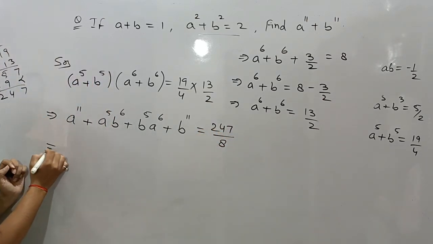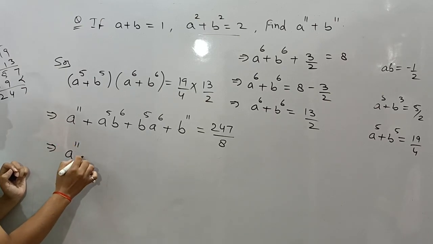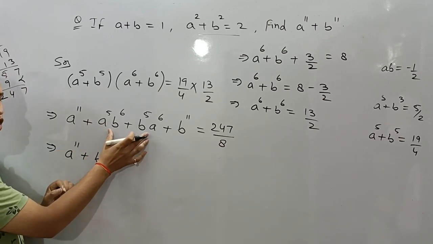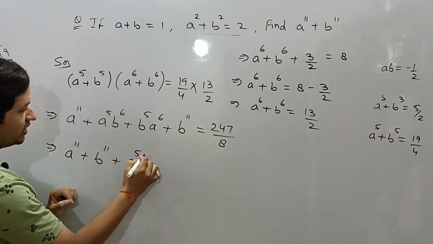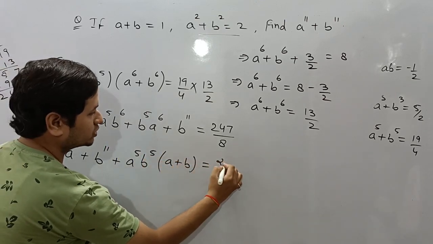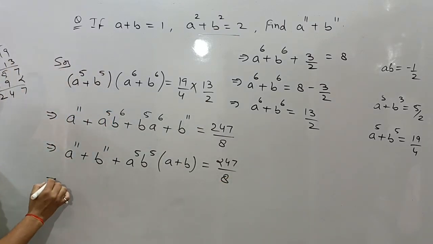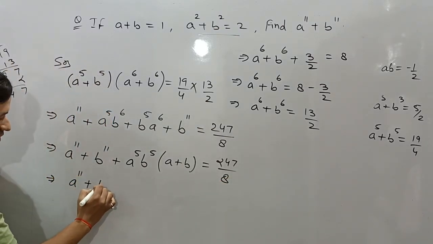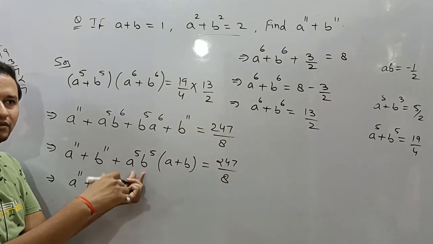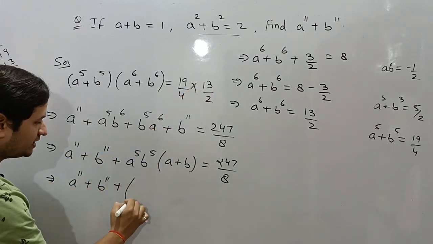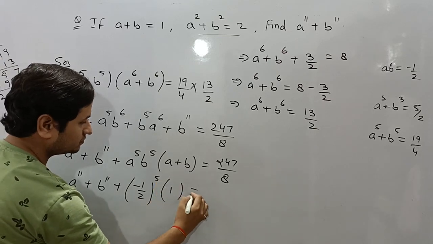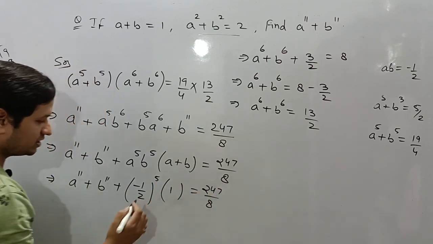Got it? Now a^11 will be same here, b^11 will be same, and we will take common a^5 b^5. So the remaining part is a + b, which is equal to 247/8. Now a^11 + b^11 + ab, we can write it as (ab)^5, and ab is -1/2, raised to the power 5, and a + b is 1, equal to 247/8.